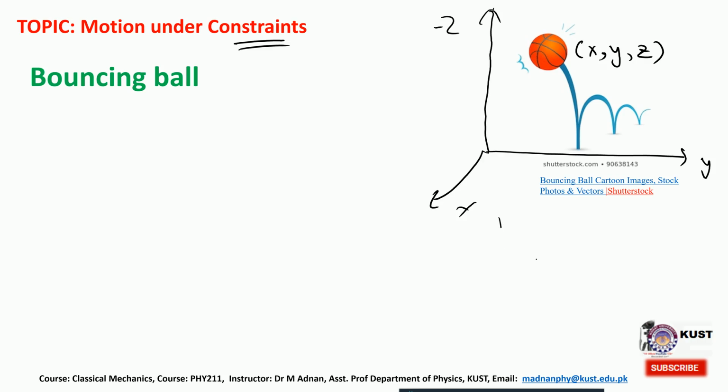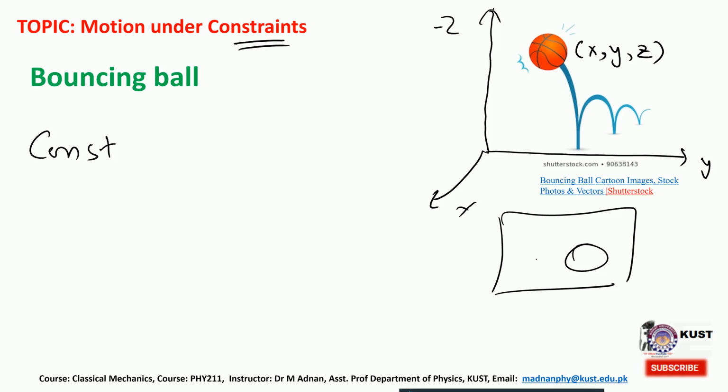So we can say that this ball is bouncing off the xy plane. So the constraint is that z, which is the height of this ball, will satisfy this inequality.